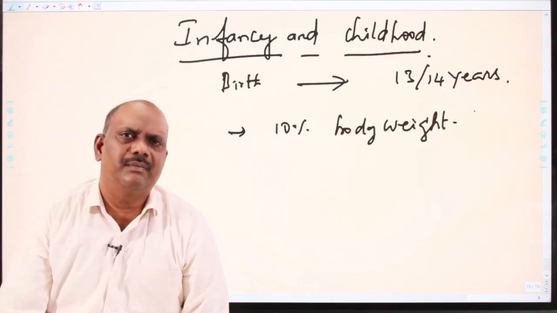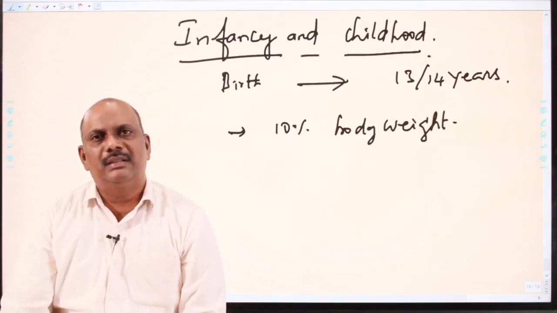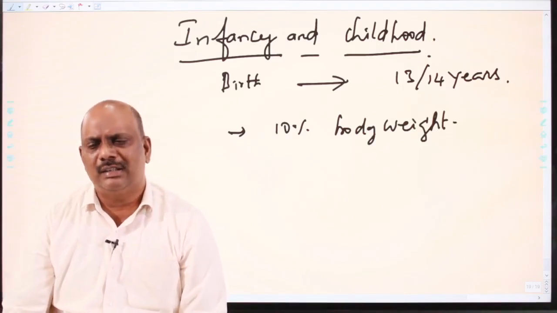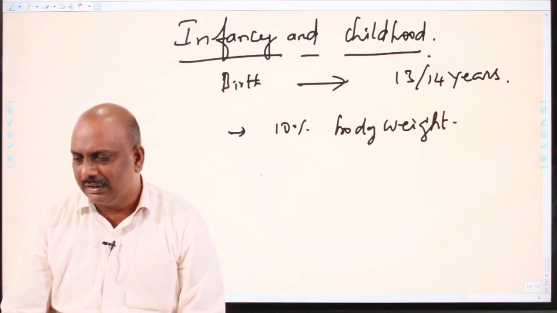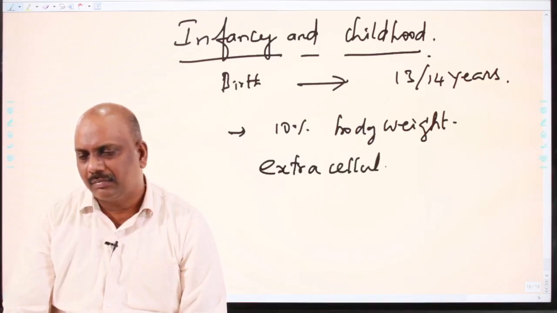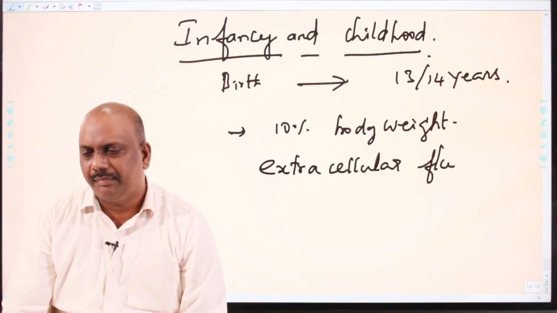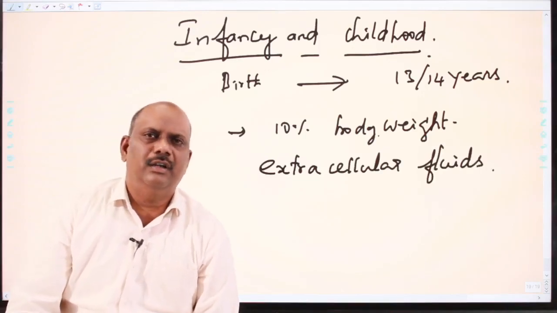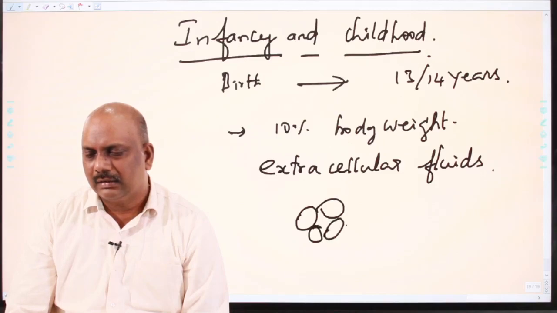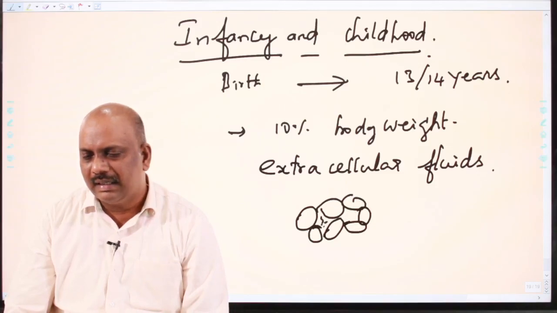Immediately after birth. This is largely because of exposure to the outside environment. As a result, there will be a large scale loss of extracellular fluids. Say this is one cell, this is another cell, and another cell. In between these cells there are some spaces.